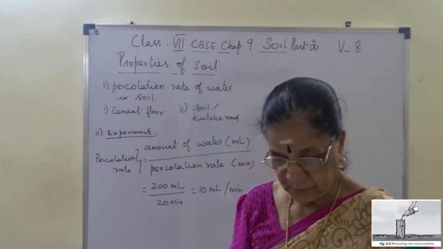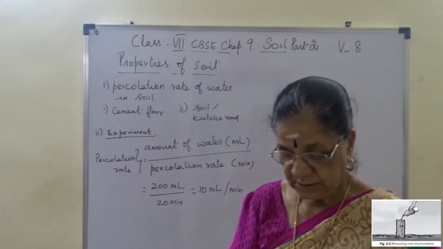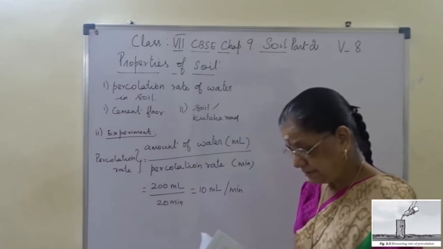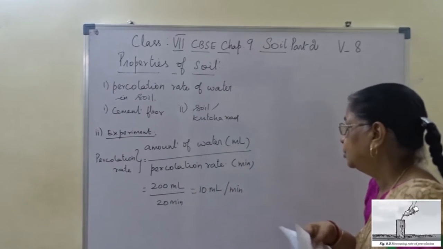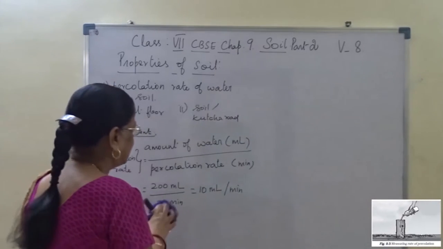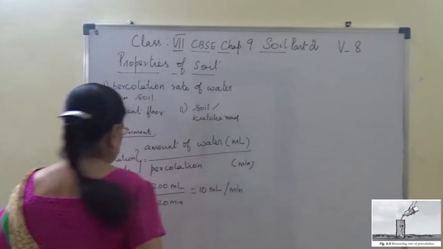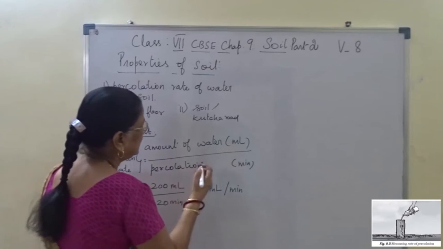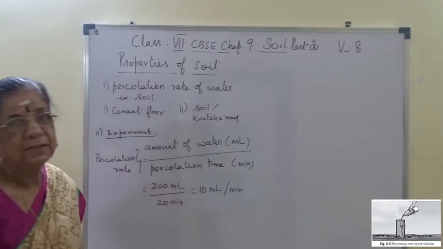I hope you are able to follow this. That is this experiment. So what is said? Percolation rate is equal to amount of water taken by percolation time, that is in minutes.